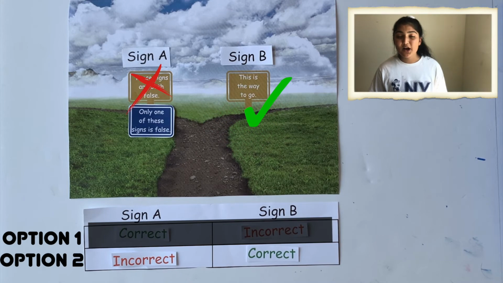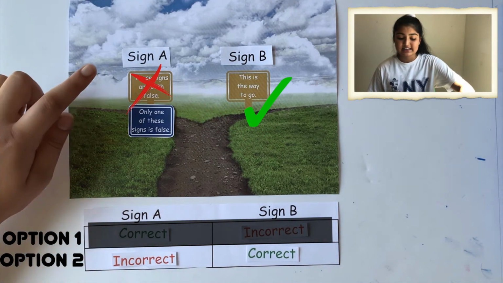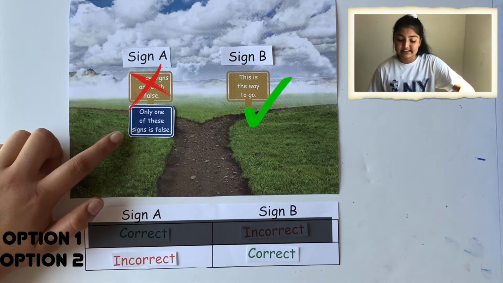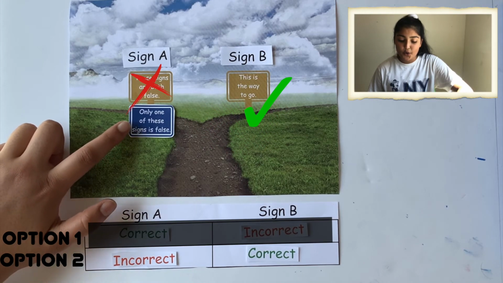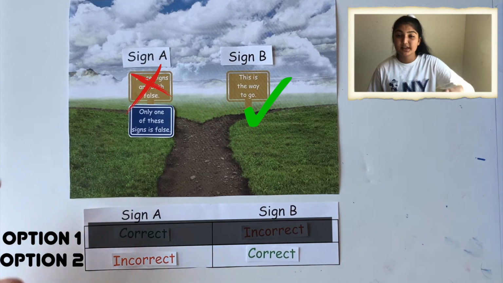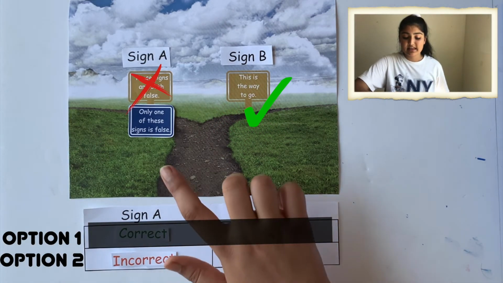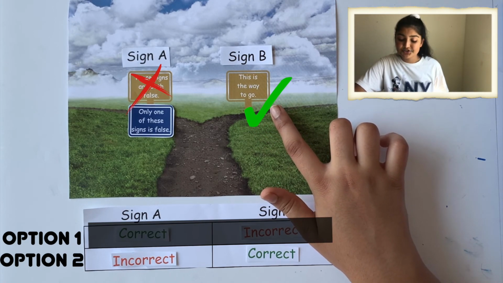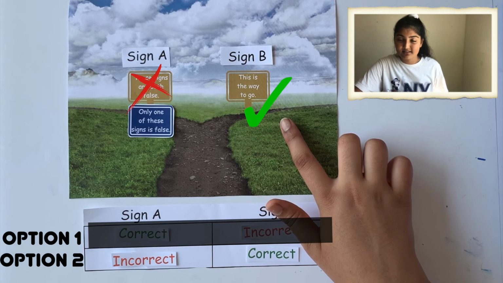Well, we already assumed that sign A is incorrect. And since this sign now says only one of these signs is false, we can assume that the other sign is correct. So, the knight should take this path.